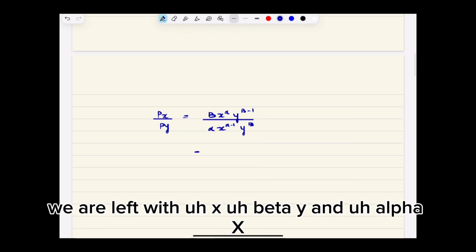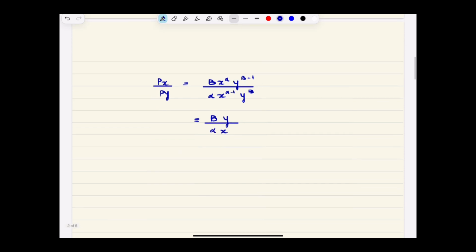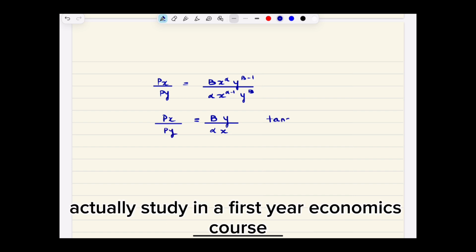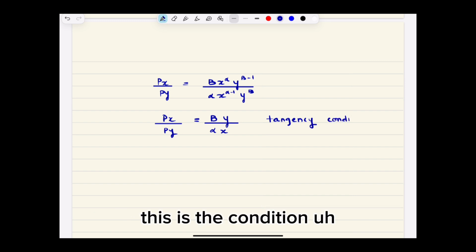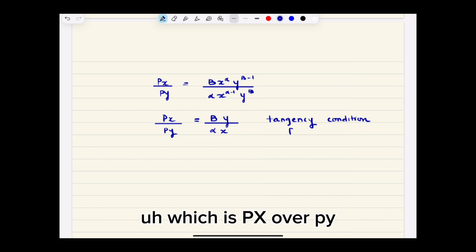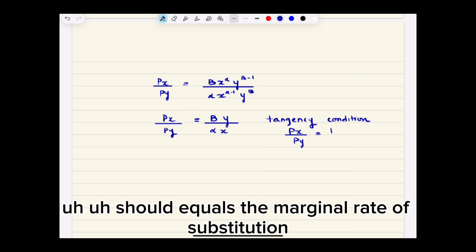So therefore we are left with beta y and alpha x. And this is essentially the tangency condition that we usually study in a first year economics course. This is the tangency condition, which says the slope of the budget line, which is px over py, should equal the marginal rate of substitution.